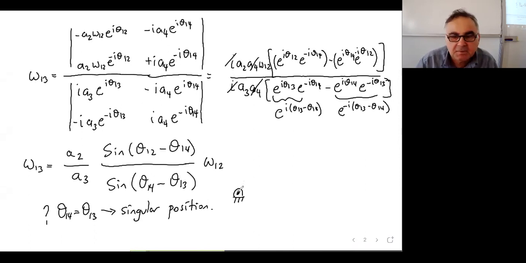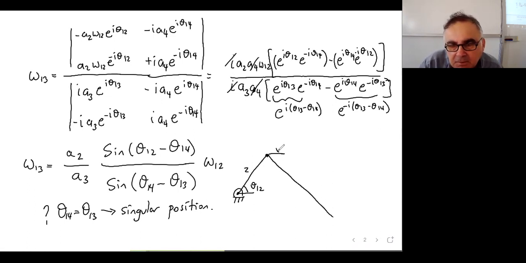Let's say this is your second link, okay, which is 2. This is theta 1, 2. Then let's say that this is your third link, so that this is theta 1, 3.